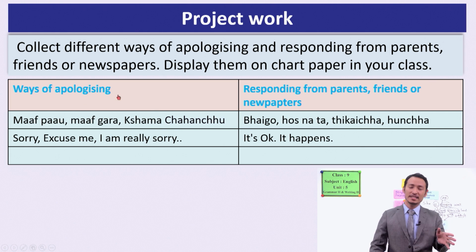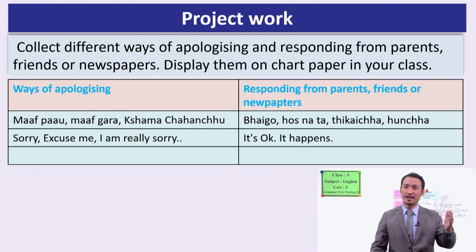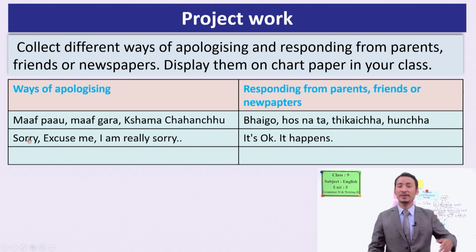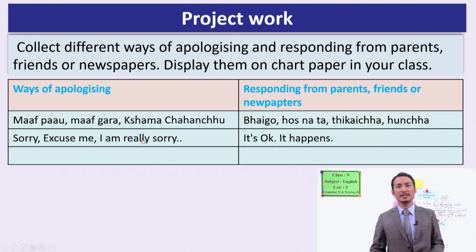Ways of apologizing. What you need to write in this section is how people apologize in your community. If your community is Nepali, or they are mostly Nepalese and they don't know English, they can say maaf garnuhos, kshama chahanchu, or if they can speak English, they can say sorry, excuse me, I'm really sorry.